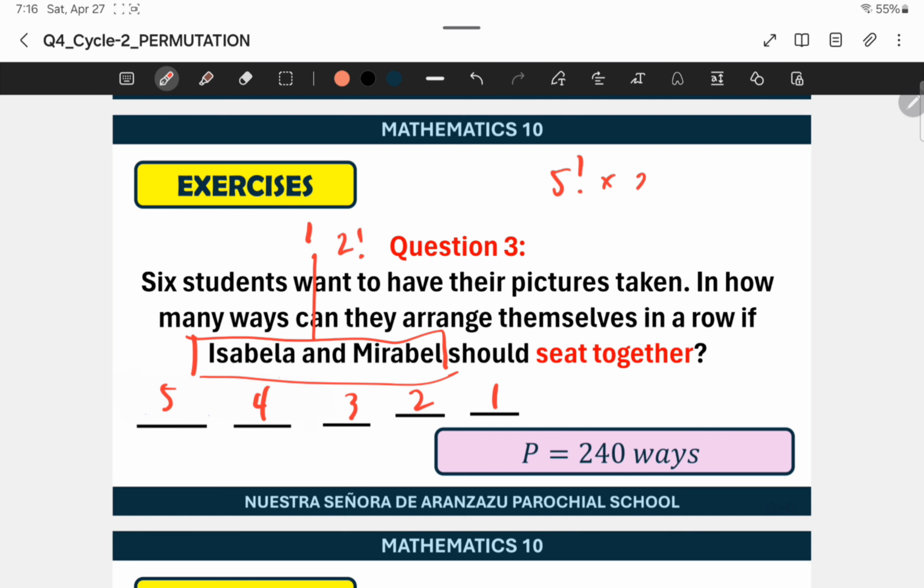So 5 factorial times 2 factorial, or 5P5 times 2P2. Ilan ba ang 5P5? That is 120. And 2P2 is 2. So, 120 times 2, that is 240 ways. Okay? So, hindi lang tayo natapos dun sa 5 factorial. Kailangan din natin kunin yung arrangement ni Isabella and Mirabel na magkasama.